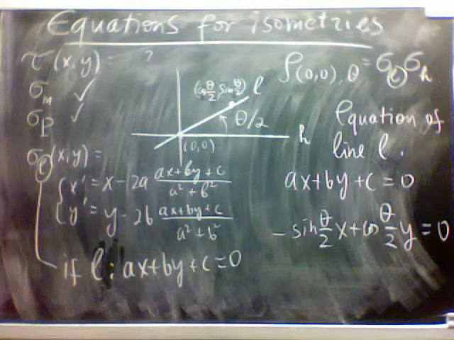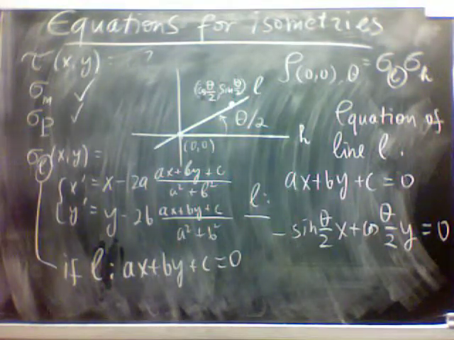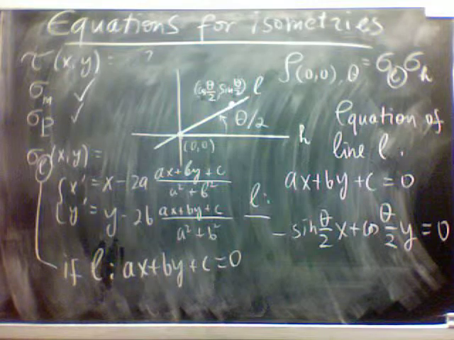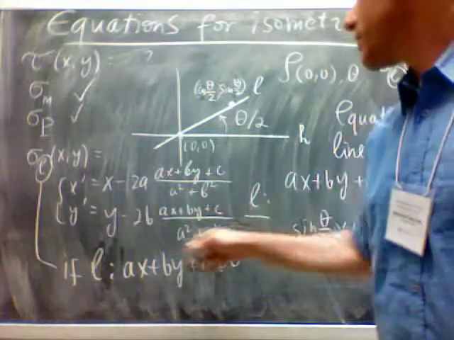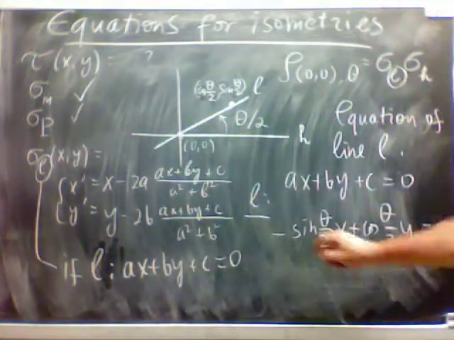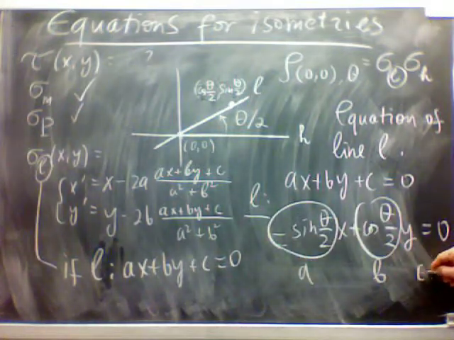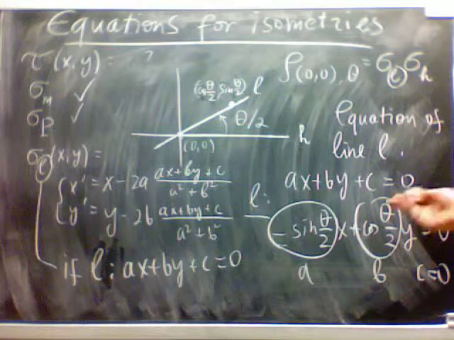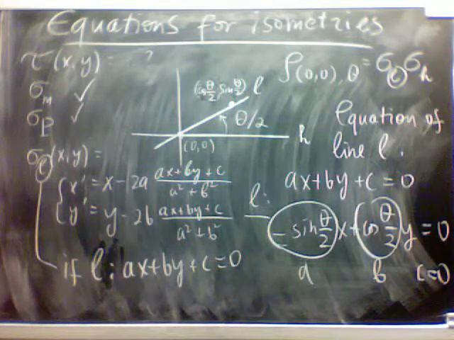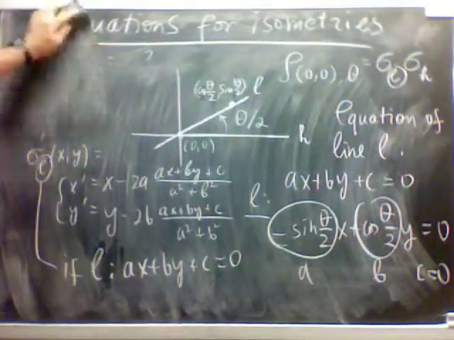So that is the equation for the line L. All right, so if that's the equation of the line L, then we can easily fill in the blanks, since this is our A, this is our B, and C is equal to 0. We can fill in for A, B, and C these coefficients and get the equations for the reflection in line L. What are they? Let's work it out.